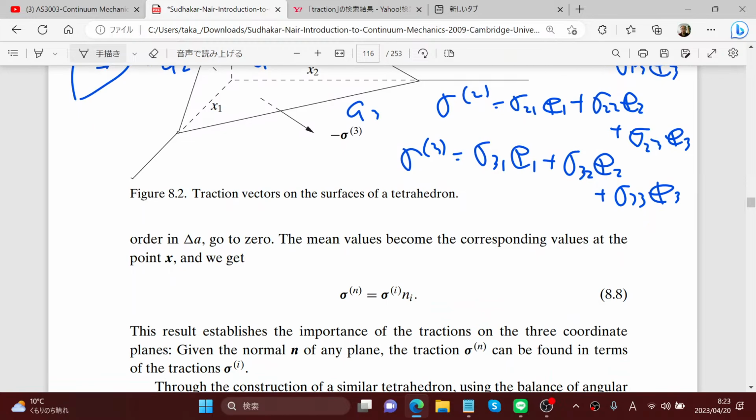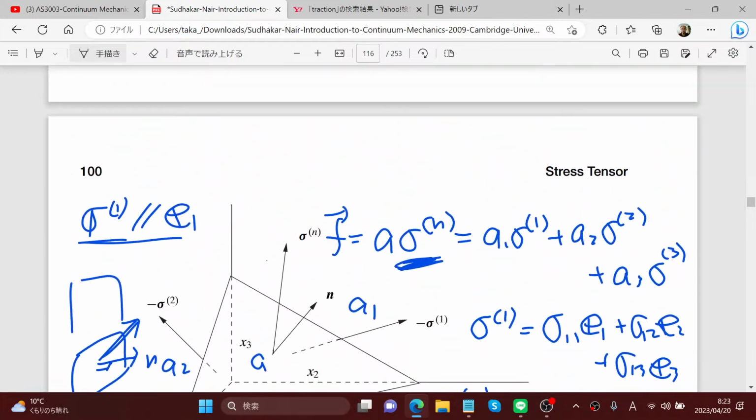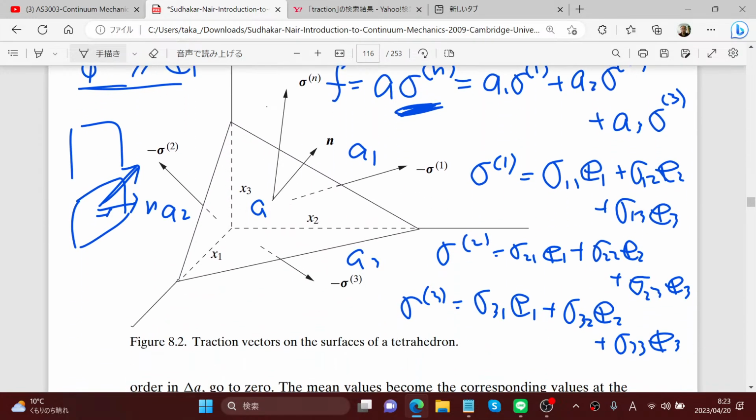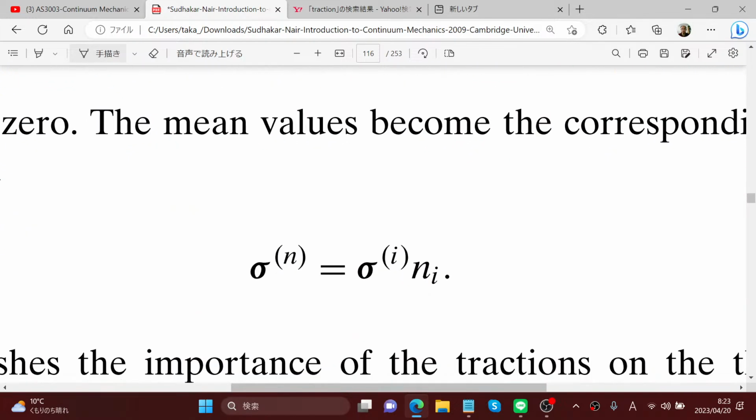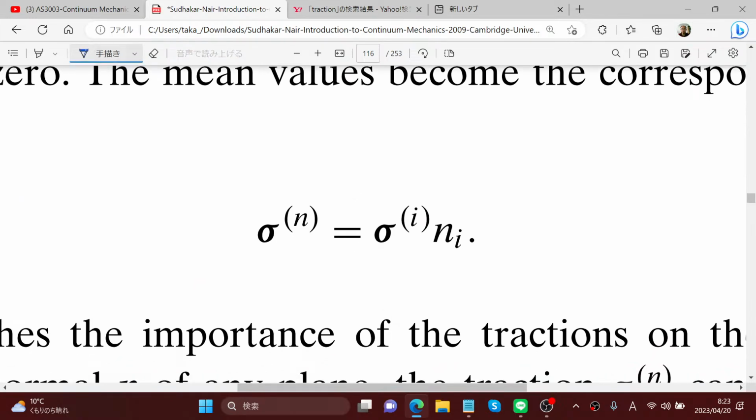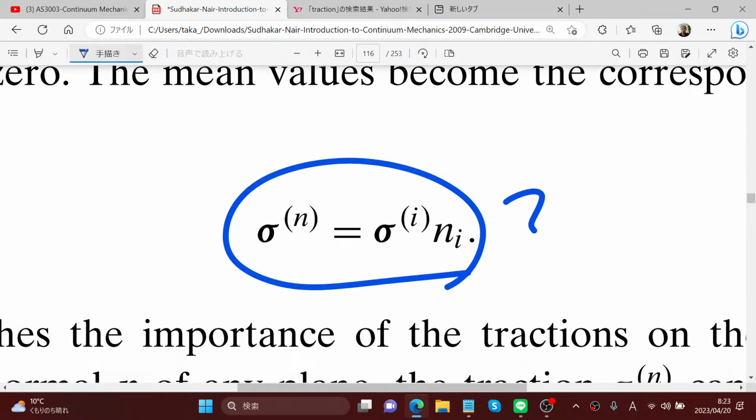Is this correct? Let me try to work out whether this is correct. I have some question mark.